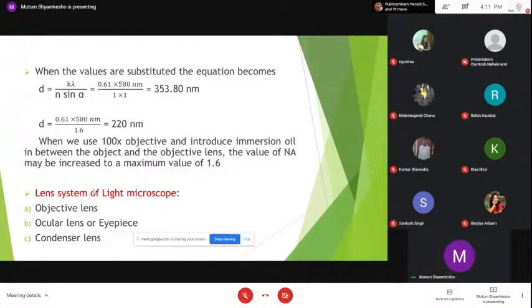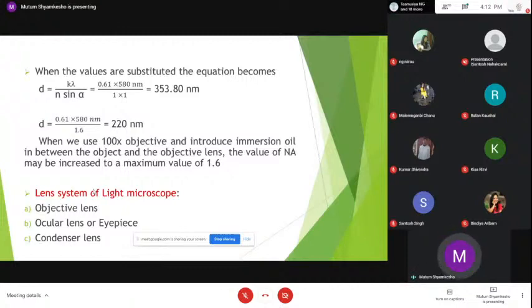A compound light microscope has a lens system having 3 individual lenses, that is the objective lens, then the ocular lens, which is also known as the eyepiece, and the condenser lens.